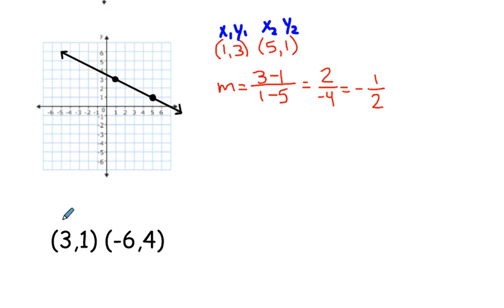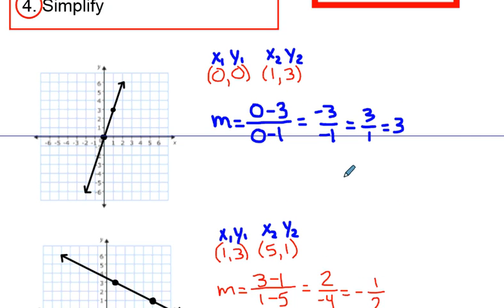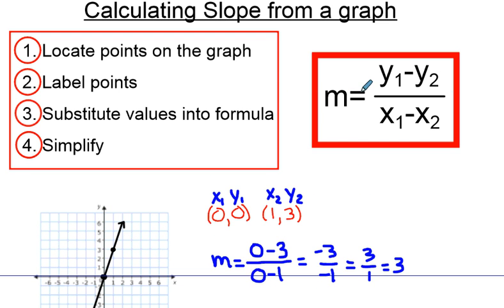Now we don't just have to calculate the slope formula from a graph. If we're given 2 points, we can do it the same way. So if we're given 2 points, I can go ahead and label those x1, y1, and x2, y2. Now we'll go ahead and substitute those in for our formula.